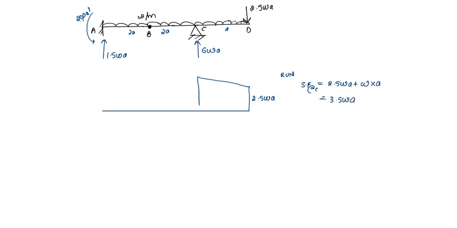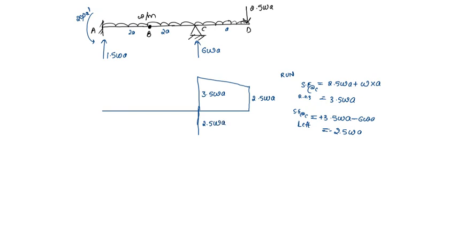Just to the right of C, the shear force will be 3.5 WA downwards totally minus 6 WA, which will be minus 2.5 WA. So let us draw it here, minus 2.5 WA downwards.